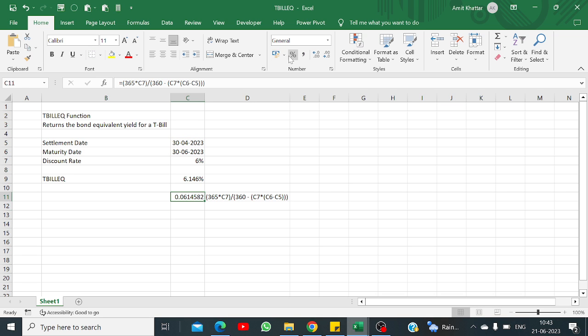If I convert this to percentage and put in the decimals, I'm getting the same answer. So these are the two ways I can compute the bond equivalent yield in case of a T-bill.